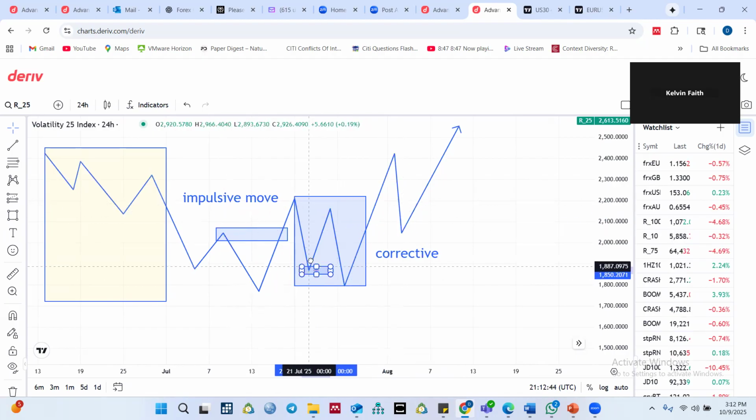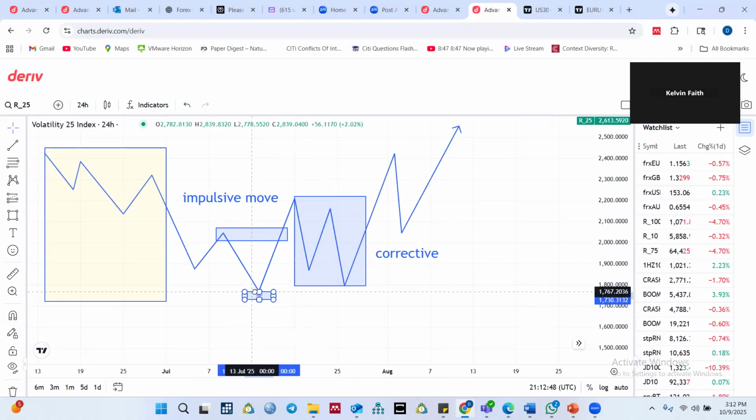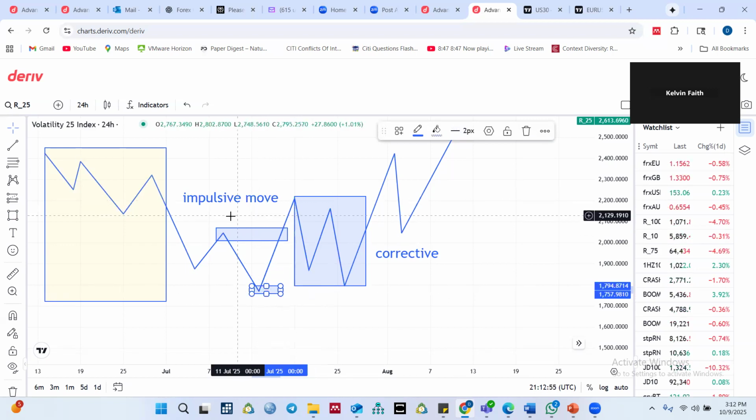But at this point, price was now creating the reversal pattern. We got a low here and we got a high that was an impulsive move that broke a previous lower high.